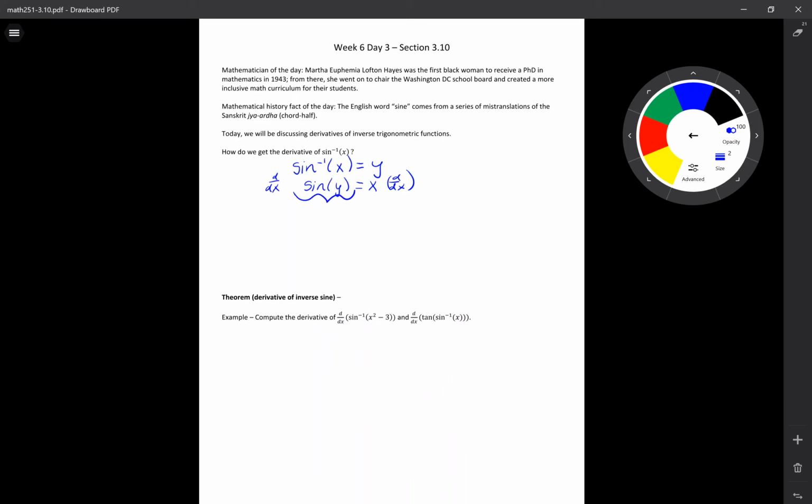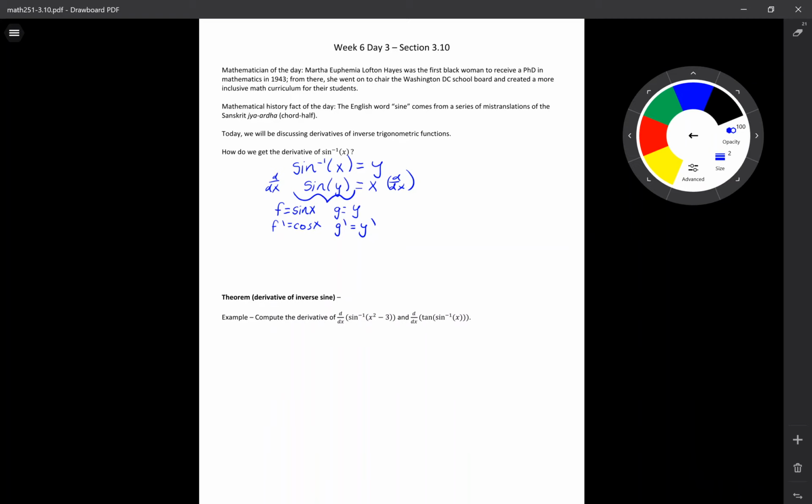So if I used implicit differentiation, my outer function would be sine of x. My inner function would be y. That means f prime would be cosine of x, and g prime would be y prime.